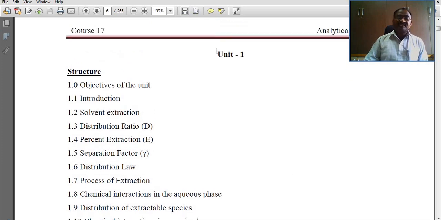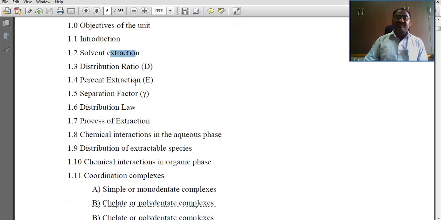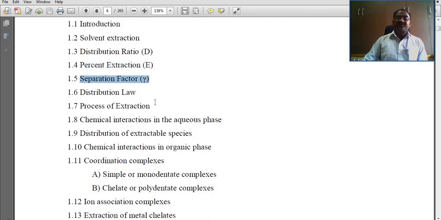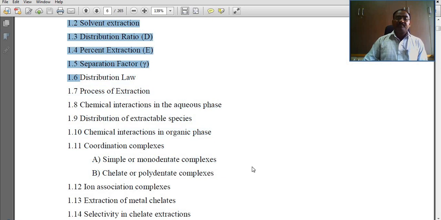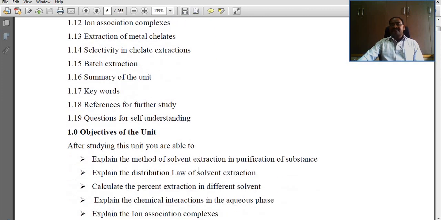In the first unit, that is solvent extraction, we are going to cover what is solvent extraction, distribution ratio, percentage extraction, separation factors, distribution law, process of distribution, extraction, chemical interactions in the aqueous phase, distribution of extractable species, chemical interactions in organic phase, coordination complex, extraction of metal chelates, selectivity in chelate extraction, batch extraction. Finally, we summarize the unit.